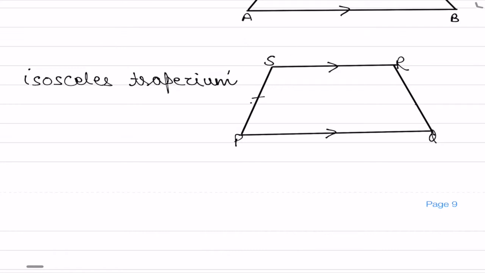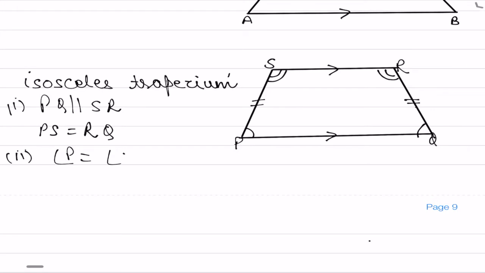But if the non-parallel sides are equal, PQ is parallel to SR and PS is equal to RQ, then this is known as an isosceles trapezium. The second property of the isosceles trapezium is that angle P is equal to angle Q and angle S is equal to angle R. Now next we will do the questions which are based on trapezium as well as on kite.